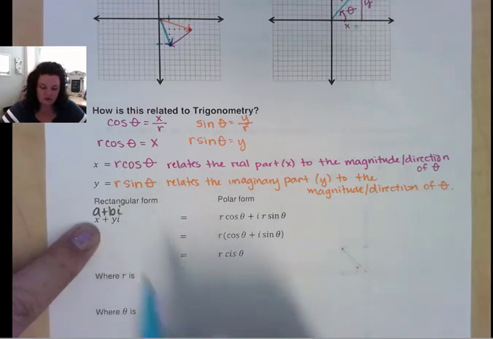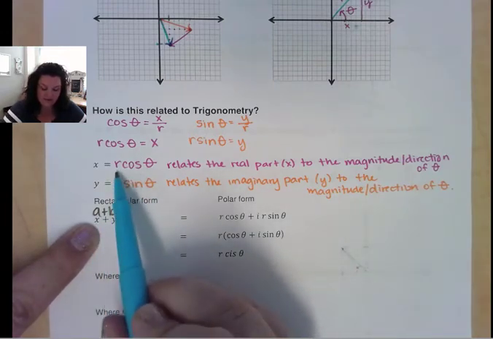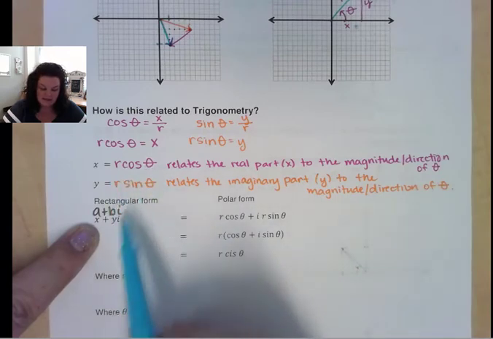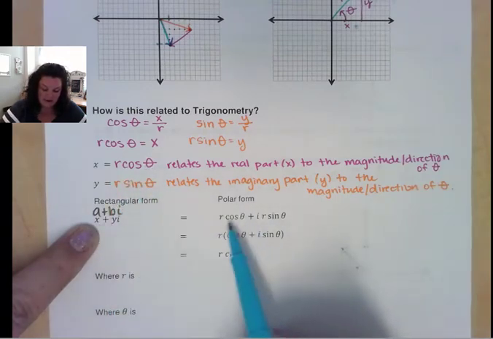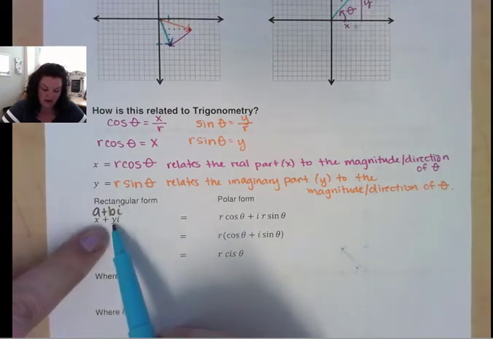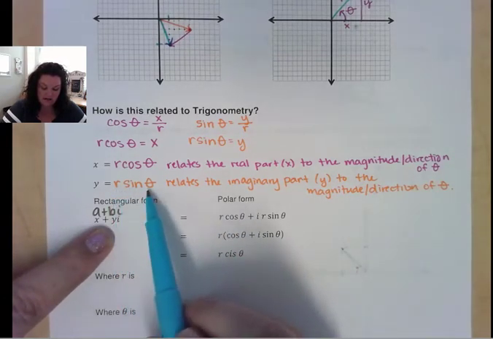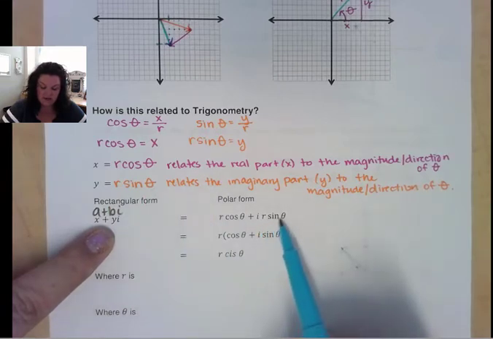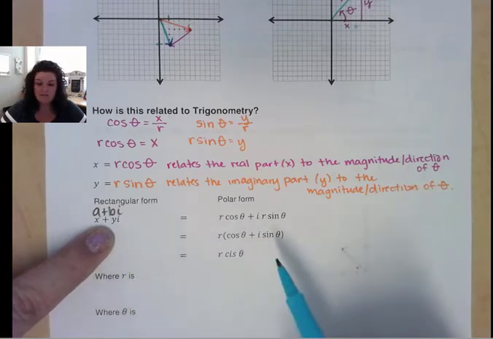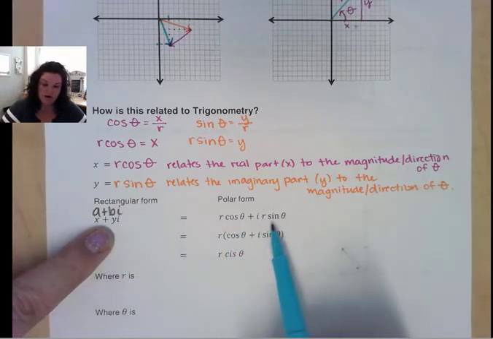Well, now we just determined that our x can be written as r cosine theta. So if I write r cosine theta instead of x, and then instead of y, I write r sine theta, then I would have r sine theta times i, right? Because complex numbers have an i on their imaginary unit. So this is just rewriting it.